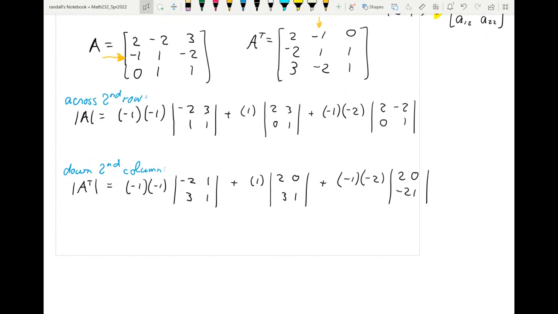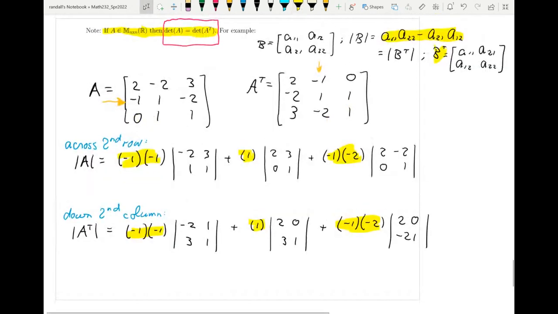Now, if you look at these two formulas, the terms in front of the minors are the same, because I'm going across the same entries in that row or column. And the 2 by 2 matrices I see there now are the transposes of each other.